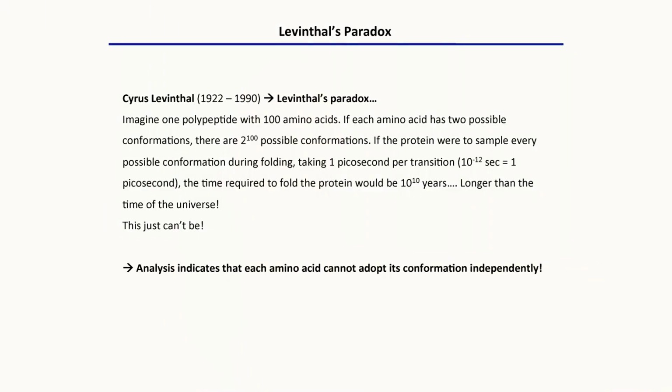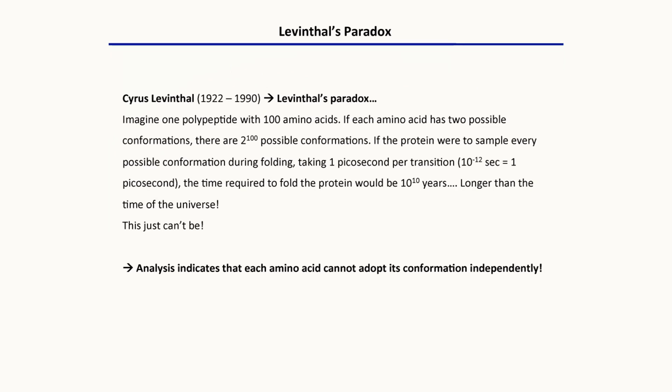So thinking about that brings us to the paradox of Levinthal here. He was thinking about this problem of protein folding and thought, well, imagine we have one polypeptide with 100 amino acids, so smaller than ribonuclease A. What if each amino acid had only 2 possible conformations? What does that mean in terms of possibilities? We have 2 to the 100th here.